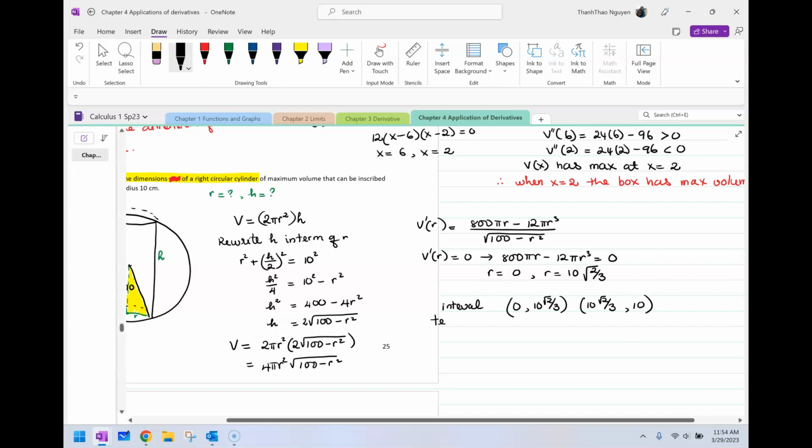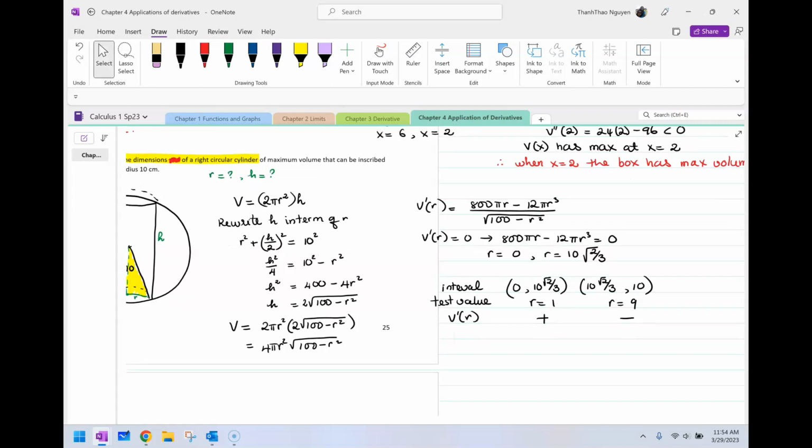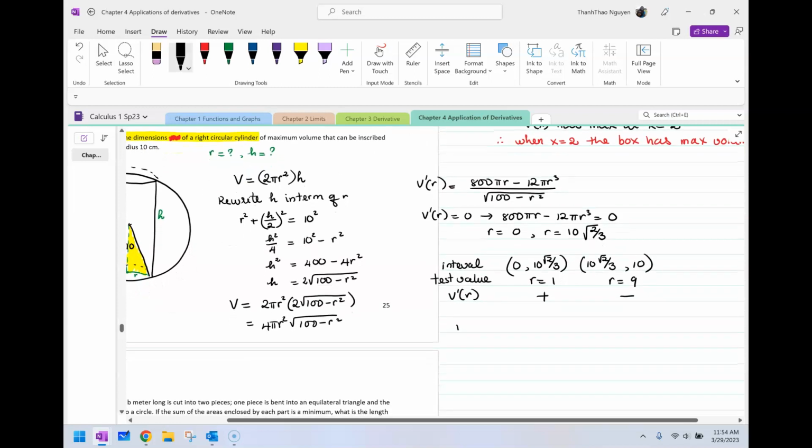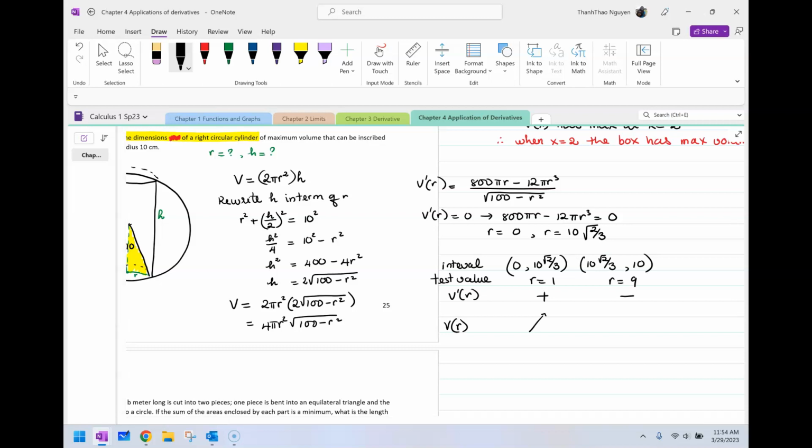We use test values, say r equals 1 and r equals 9 in this case. And V prime of r is positive in this interval and negative here. This means the function V of r is increasing then decreasing, which means here I have a max at r equals 10 root 2 over 3.